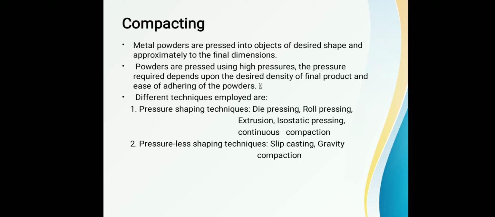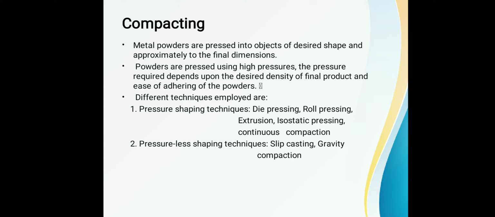Then the third step is compacting. After mixing and blending of the powder, compacting is necessary. In compacting, high pressure is applied to the powder to form it into the required shape.